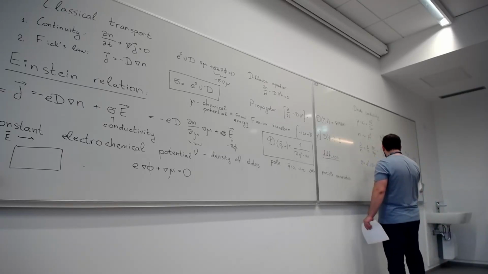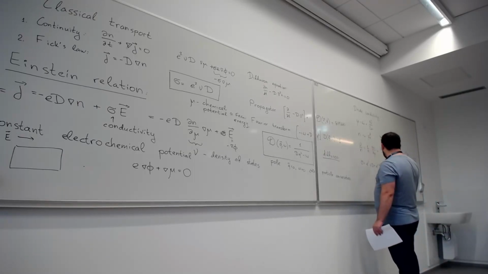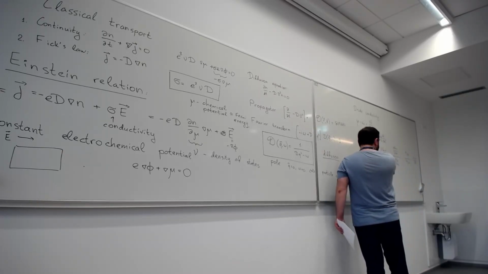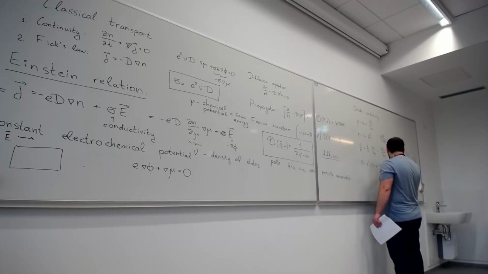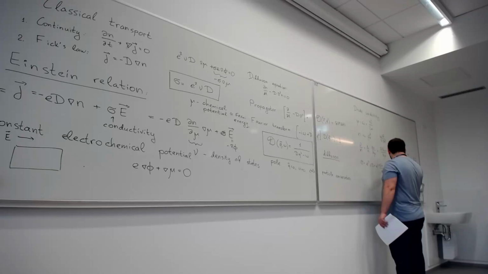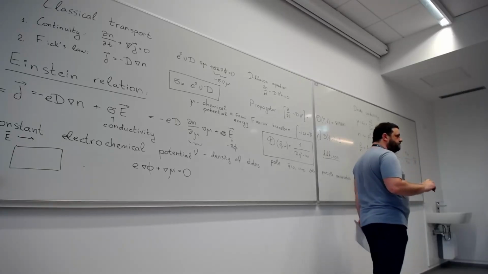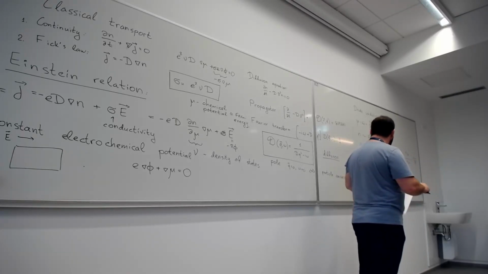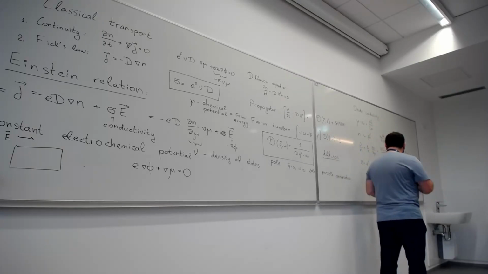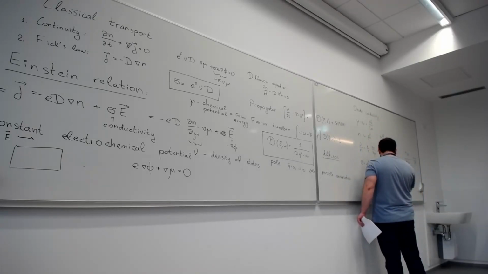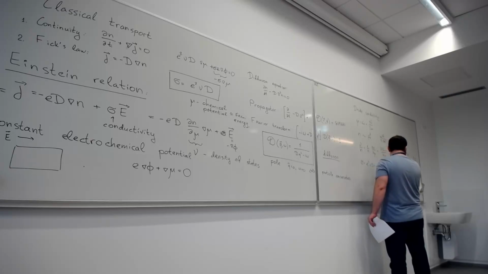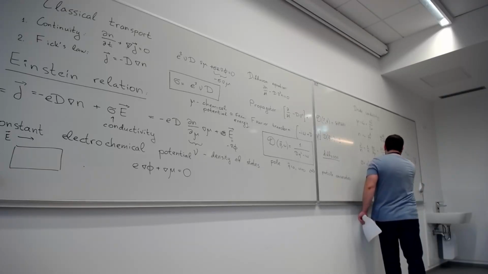And nu is n, the concentration, times nu divided by n. So this is the diffusion constant here, and this is nu divided by n, so this thing here is just nu.